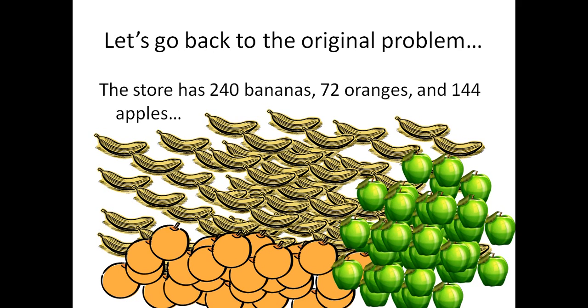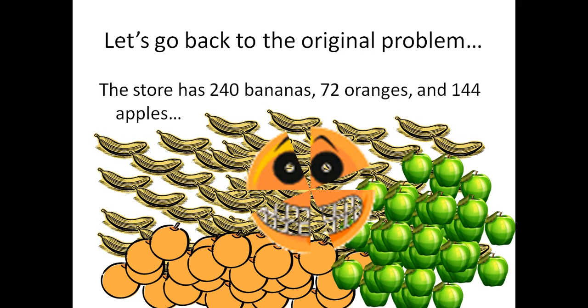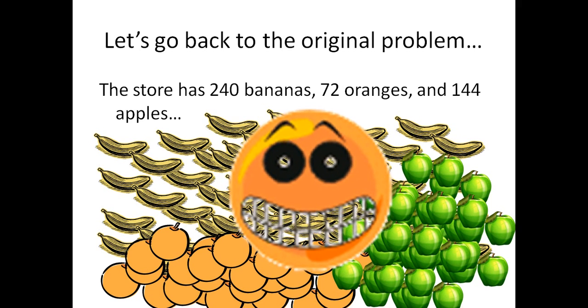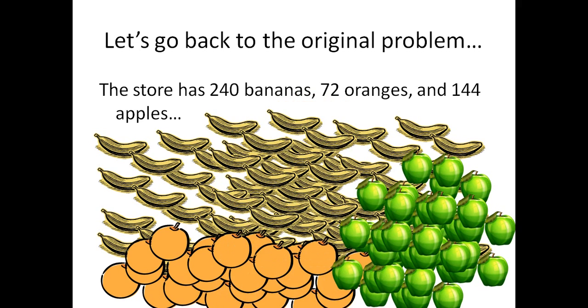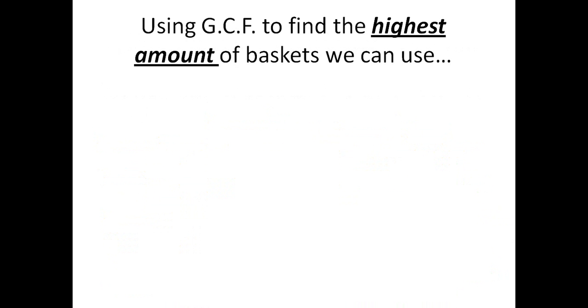And if you were thinking to do what we just did in the simple example, you will probably go nuts. So let's try a different option. In this case, we are going to present GCF to find the highest amount of baskets we can use to have an equal distribution of fruits of each kind.